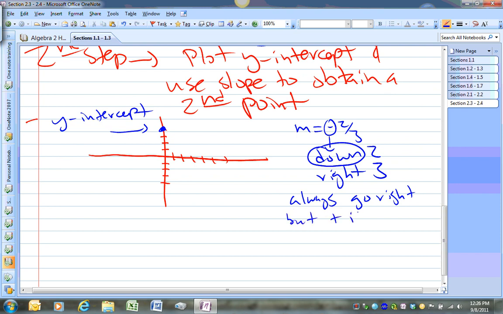But plus is up, and minus is down. So from here, I'm going to go down 2 units and move over 3 to the right. So say I went down 2 and 3 to the right.